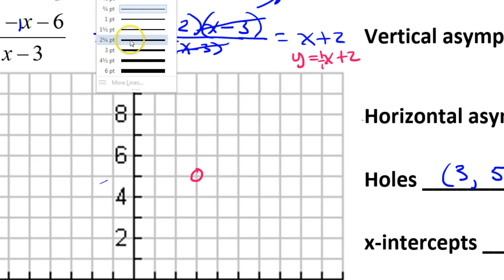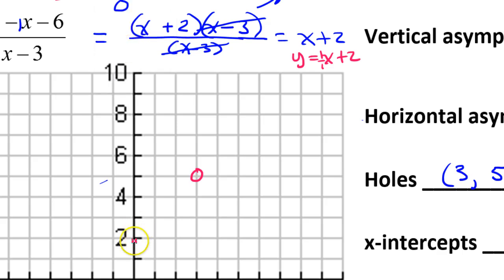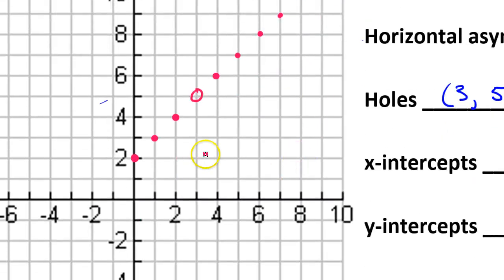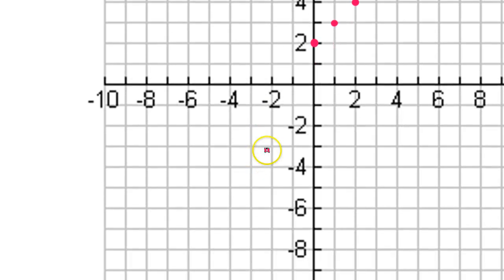So with a y-intercept at 2, and then I'll go up 1 over 1 like this. Now this is an open circle, so let's leave that alone. Okay, and I will graph it back the other way as well by going down 1, back 1.